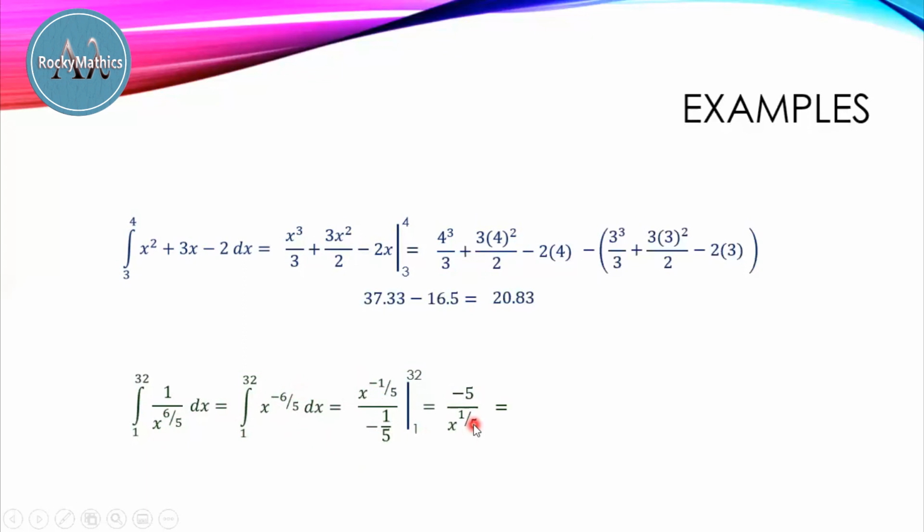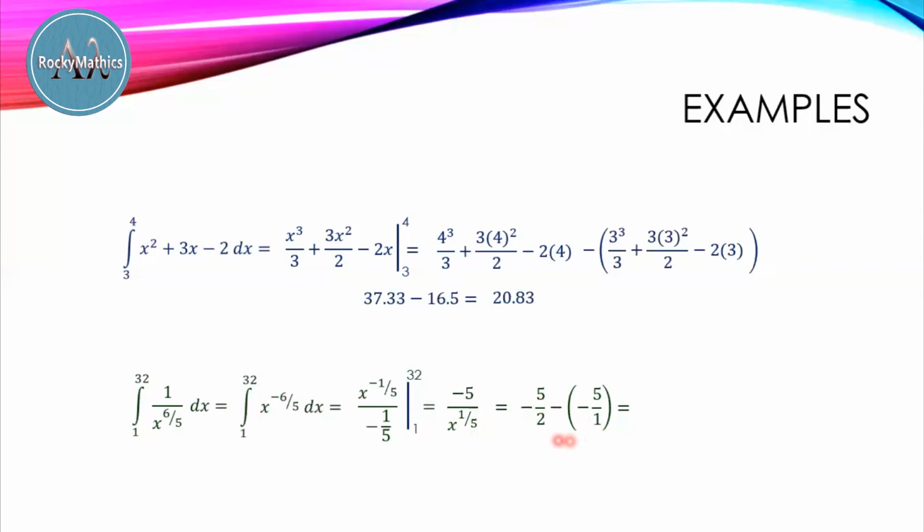So simplifying this and evaluating from 1 to 32, we have negative 5 over 32 raised to 1 over 5, which is the fifth root of 32, which is 2, minus negative 5 over 1 raised to 1 over 5, or the fifth root of 1, which is 1.